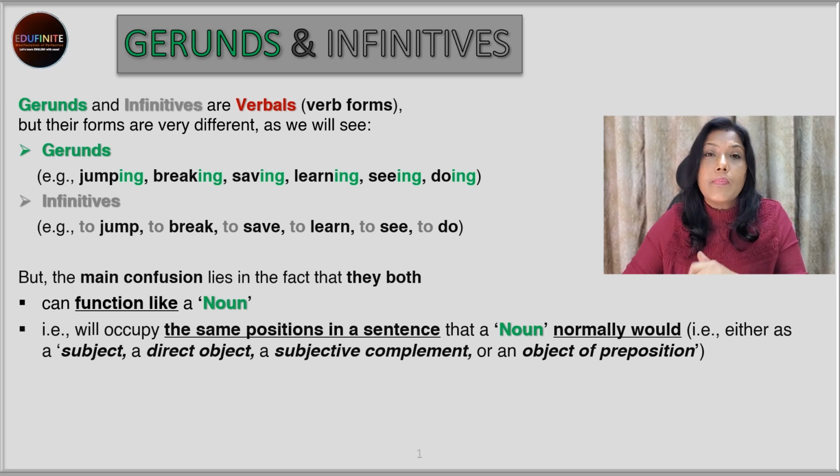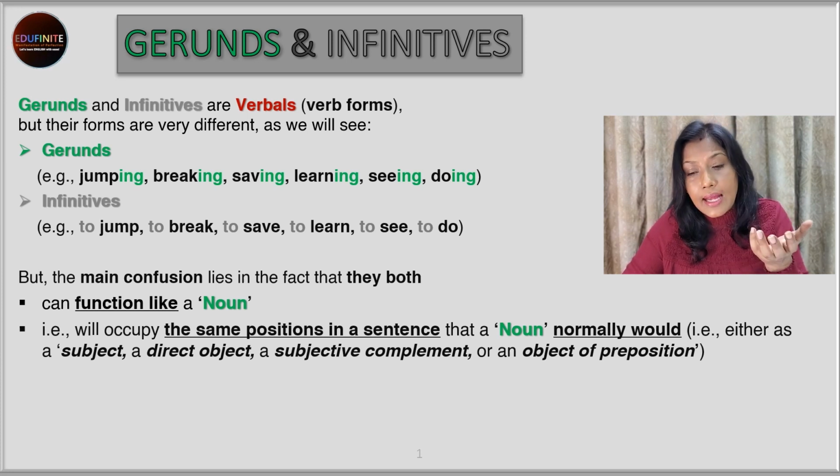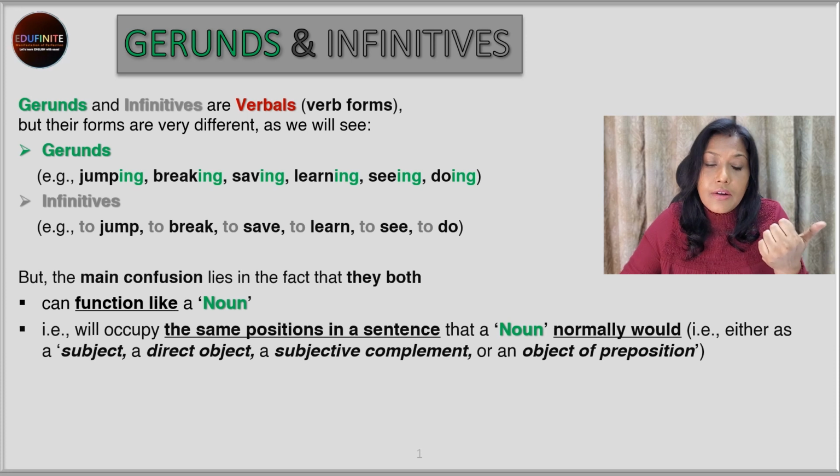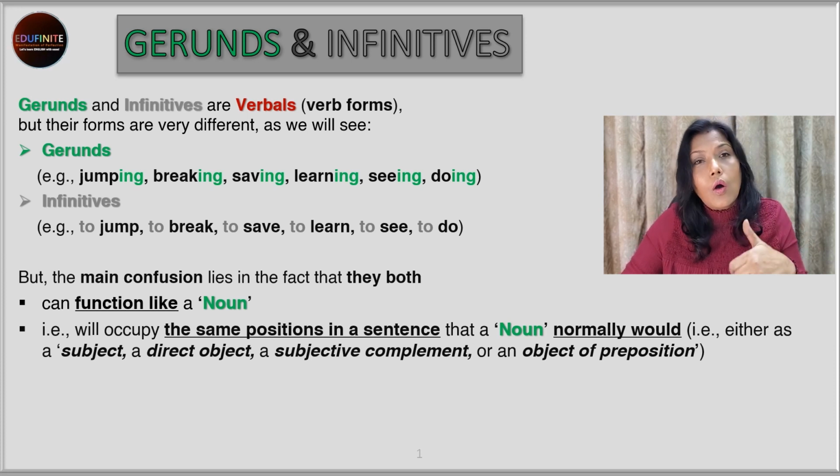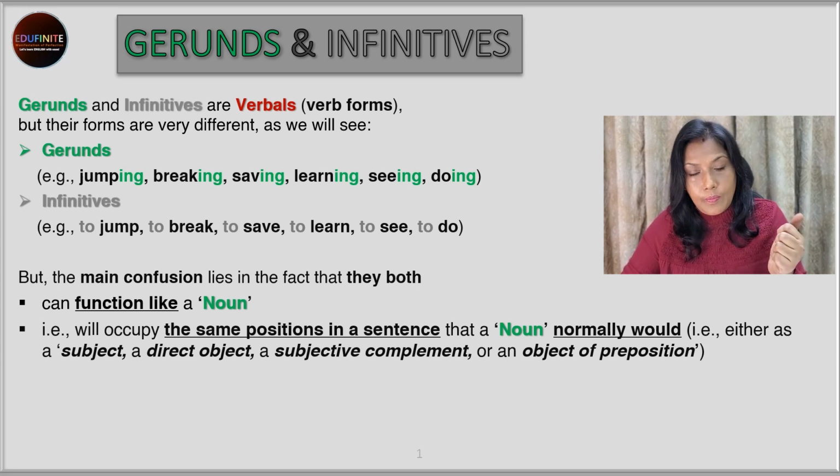It means they will occupy the same position in a sentence that a noun normally would. And what is that? That is either as a subject, or as a direct object, or as a subjective complement, or as an object of preposition.